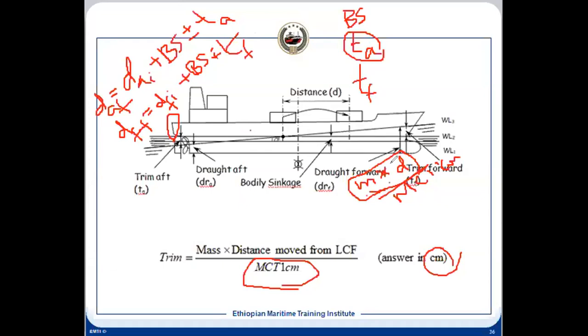Don't try to jump. I'm not saying that you will make a mistake if you jump, but the probability is high. If you follow this procedure, the probability of making a mistake will be less. So this is the third step that I have written here.